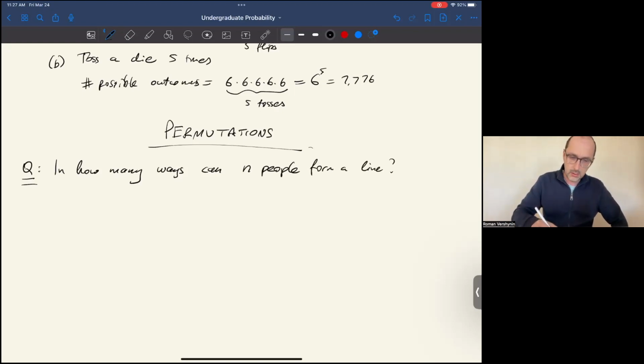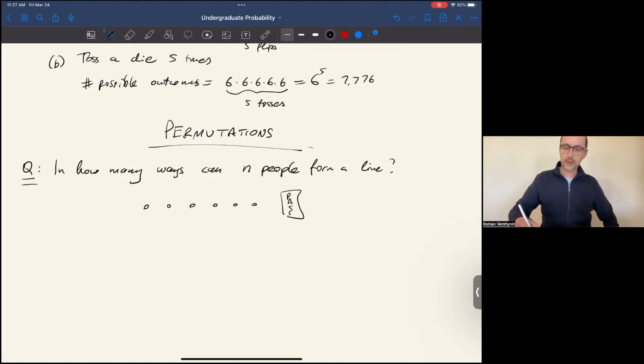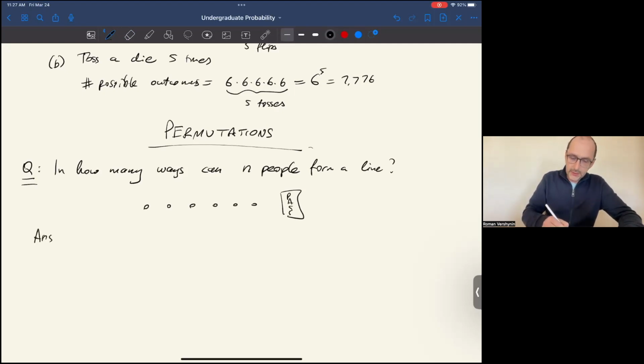Here's a line. There's people, and there is a border control, like passport control. How many ways are there for n people to form a line? Let's solve this by thinking of this as an experiment.